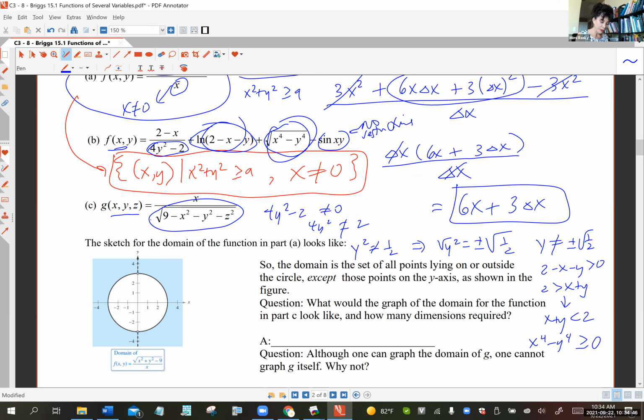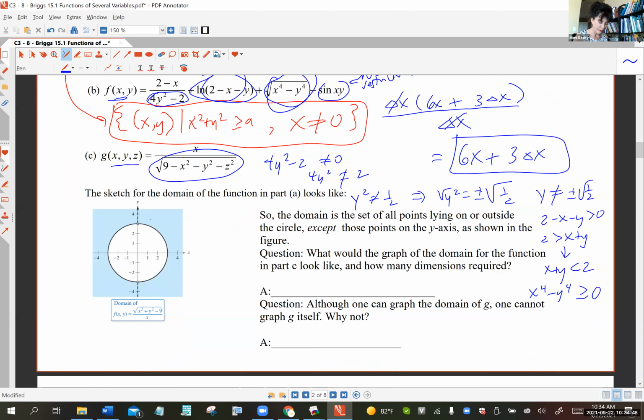Now, this was a problem that was on some of your midterm, and I say some because there were 2 versions, slightly different, but challenge level the same. So normally, if you were just dealing with any old even radical that was in the numerator, you'd go, hey, I need 9 minus x squared minus y squared minus z squared greater than or equal to 0. True.